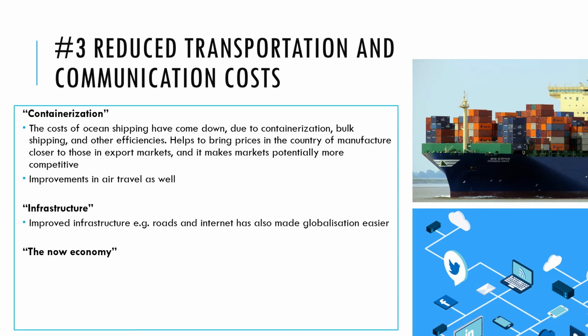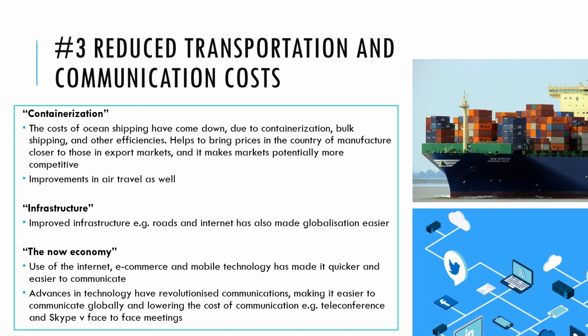Okay, improvements in infrastructure. So, for example, roads and the internet has also made globalization, global supply chains, and moving products to different markets a lot easier. And lastly, the improvements in terms of communications, so things like the internet, the availability and the cost effectiveness now of mobile technology makes it quicker and easier to communicate, which means it's easier to coordinate a global supply chain.